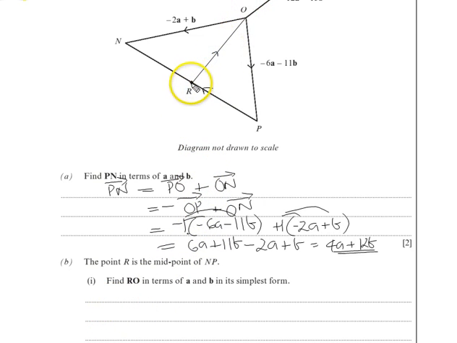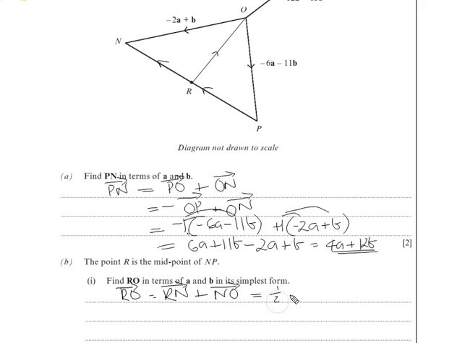To go from R to O, would you agree that I can go that way and that way? And R is the midpoint, so it'd be half of this length, wouldn't it? Would be that length there. So I can go up there. So R to O would be from R to N plus N to O. Now, R to N, that's just half of P to N, isn't it?